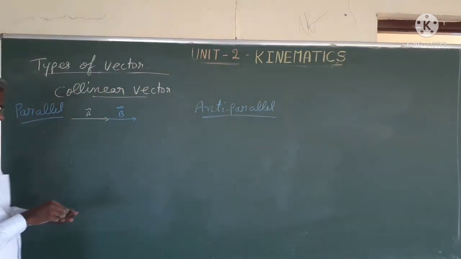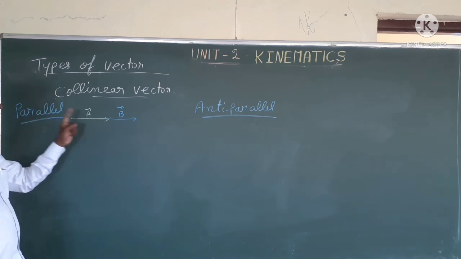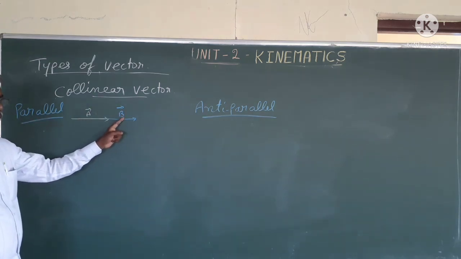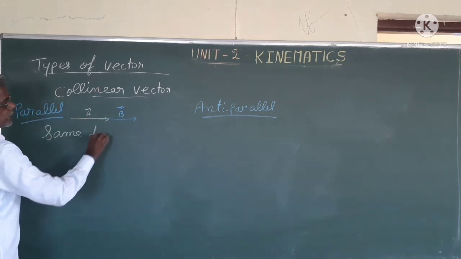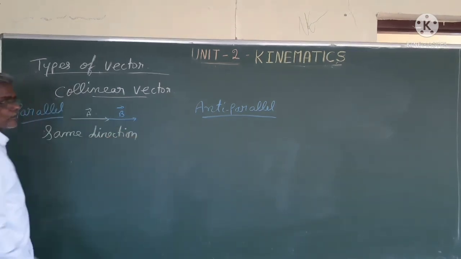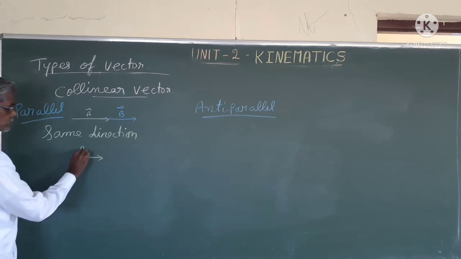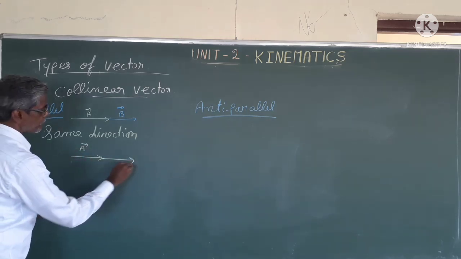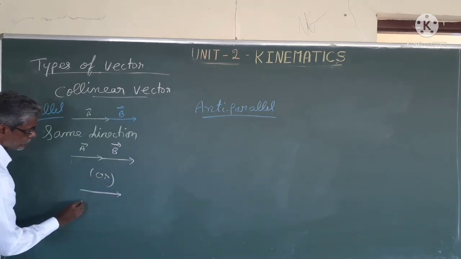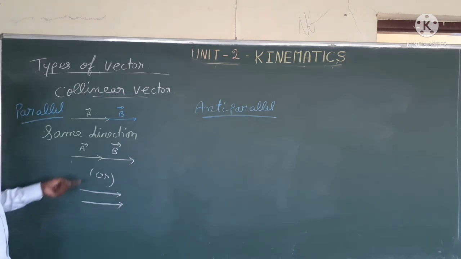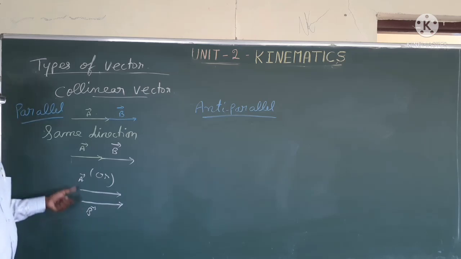We have parallel vectors and anti-parallel vectors. If two vectors, A vector and B vector, are in the same direction, they may be along the same line or they may be parallel.